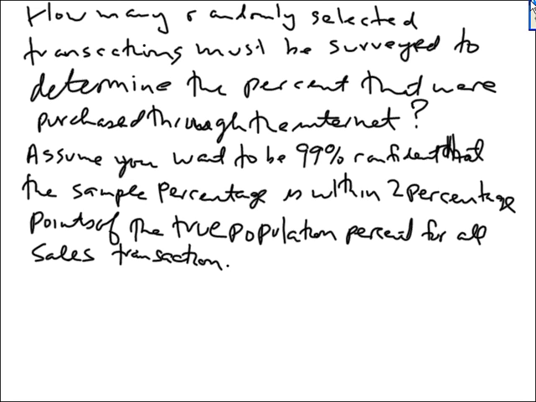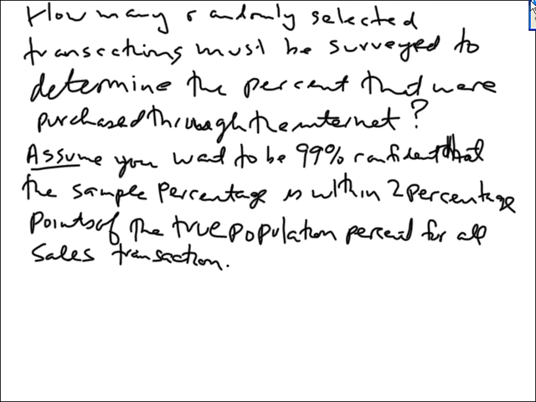And I guess when they say randomly selected, that doesn't mean they're going to go to one store. They're going to pick, I don't know, X number of stores, and they're going to get, say, 20,000 different transactions. They're going to see how many were purchased through the internet. And the question is, is it 20,000 or 10,000 or 289 that they have to get?